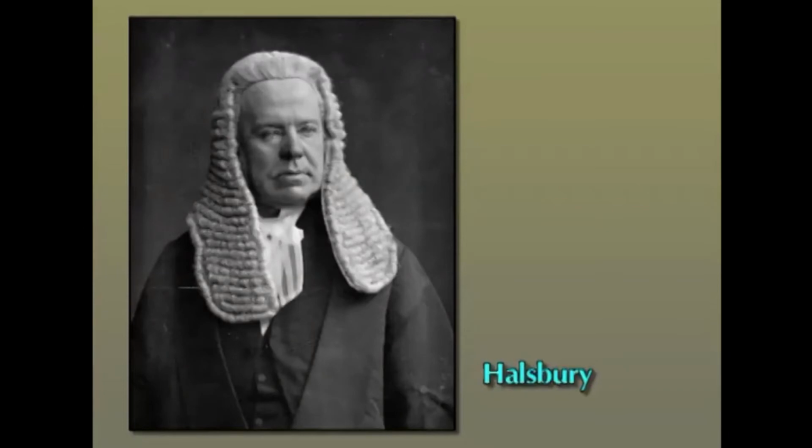According to Halsbury, arbitration is an agreement made by two or more parties between whom some difference has arisen or may thereafter arise, whereby they appoint another person to adjudicate upon such dispute and agree to be bound by his decision. Characteristic of arbitration is that it is a private tribunal chosen by parties.